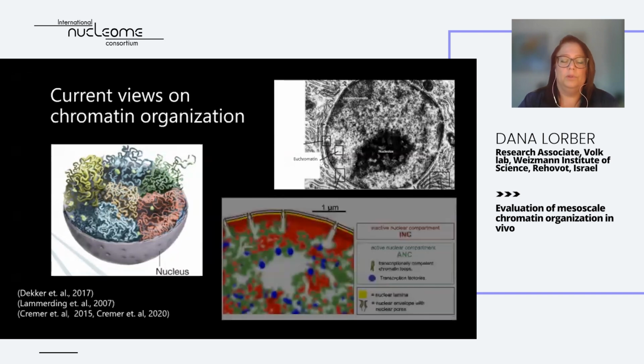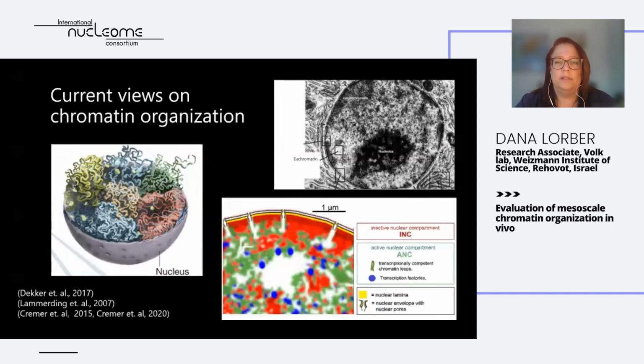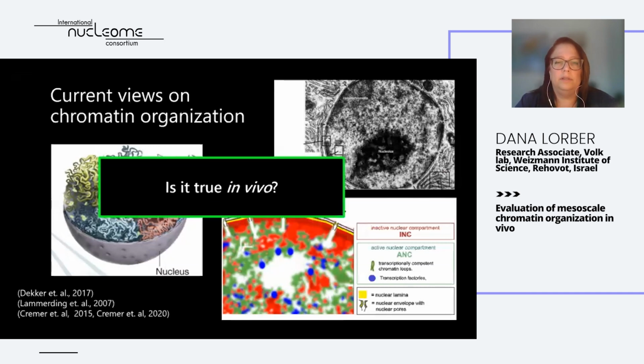A more recent model, termed the swampland, suggested by the Kramer family, describes the content of the nucleus as a sponge-like porous media comprised of a chromatin matrix that partitions into a core made of heterochromatin and covered with euchromatin. These descriptions originate from experiments done on culture cells or cells in fixed tissues. But the question is, do these views accurately depict these structures in vivo?